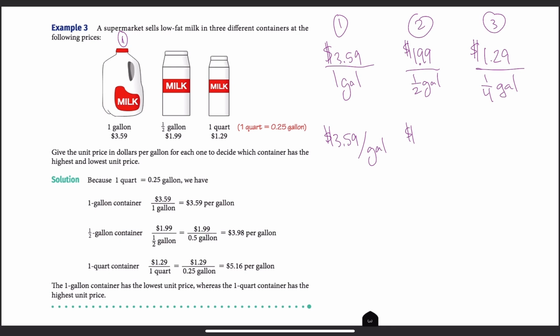What is 1.99 divided by a half? Well, remember that 1.99 divided by 1/2 would be the same as 1.99 times 2 over 1, which is the same as 1.99 times just 2. So that's one way to do it. So $3.98 per 1 gallon.